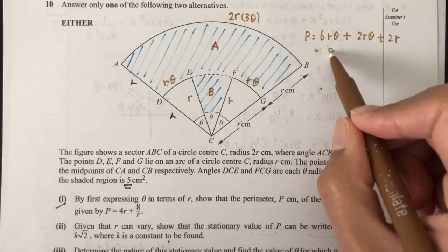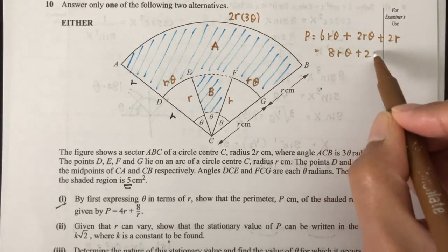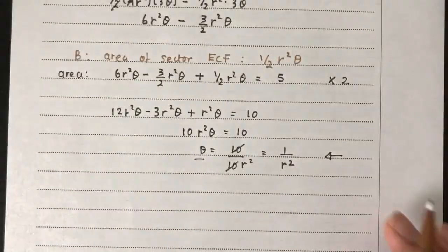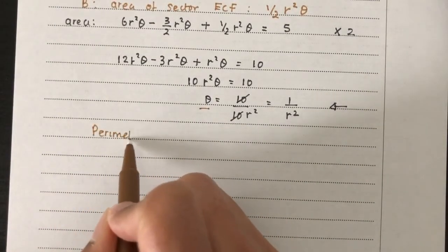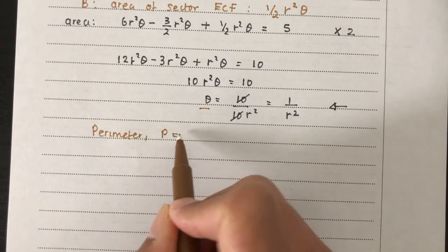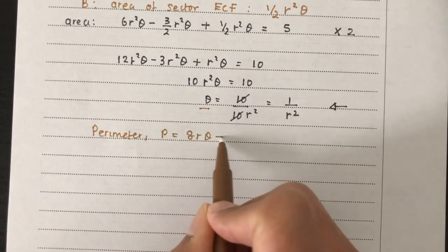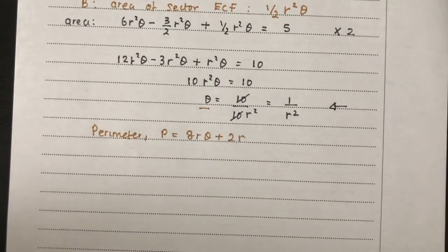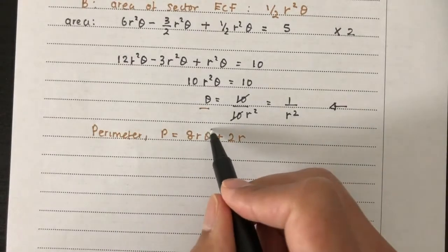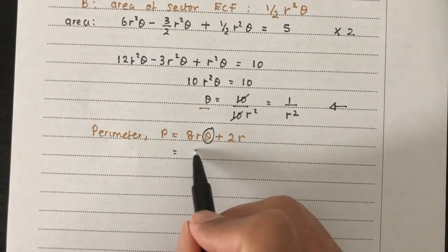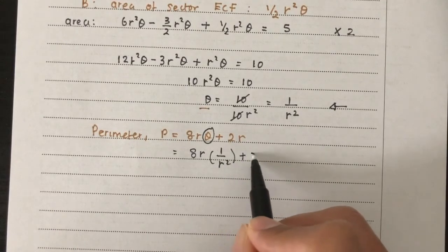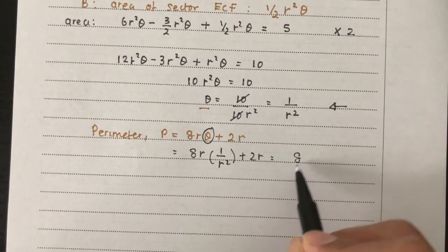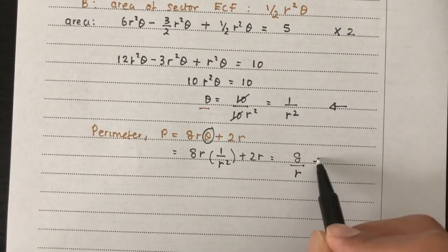So you will have 8R theta plus 2R. Let's write this down. Perimeter is found to be 8R theta plus 2R. Now we have to replace the value of theta by this one. You'll have 8R times 1 over R squared plus 2R. That will be 8 over R plus 2R.